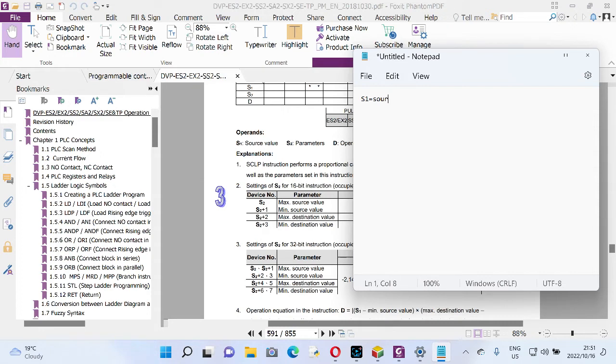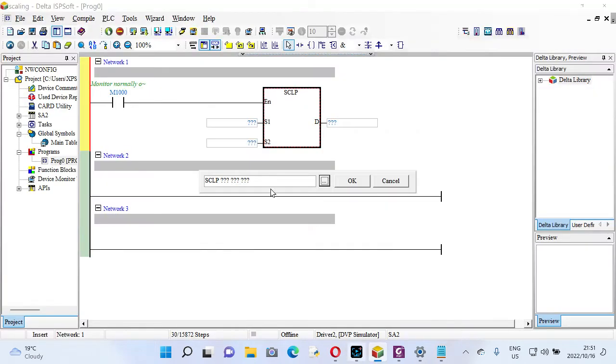S1 is the source. This S1, we are going to call it D0. That's where we are receiving our signal. It's called D0. Okay, we're done here. We come to our program and then we put a D0 here.